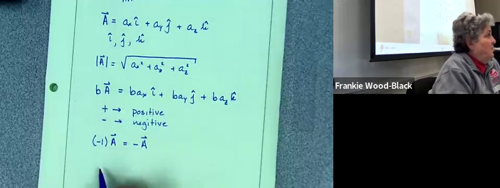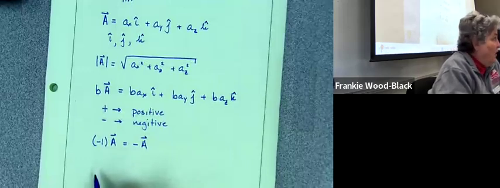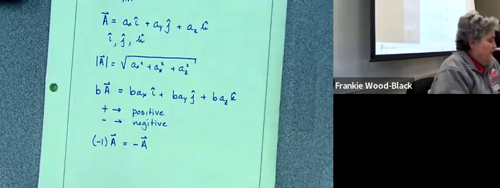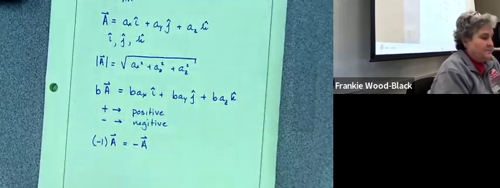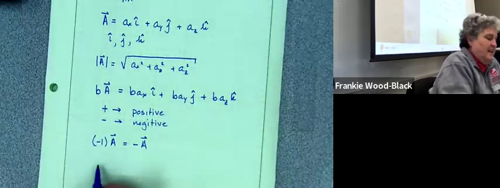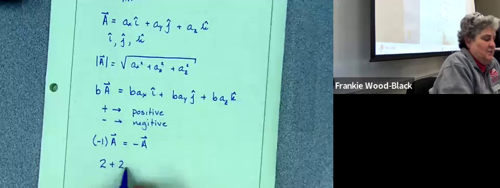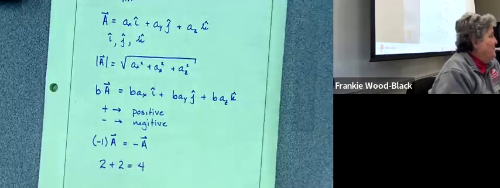Hopefully none of this is new. I've tried to beat on you way back in Engineering Physics 1, and this is the reason. One of the interesting things is that if I take 2 plus 2, that equals 4, if I'm doing two scalars, right?